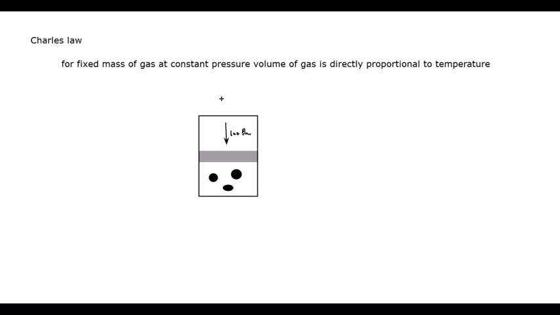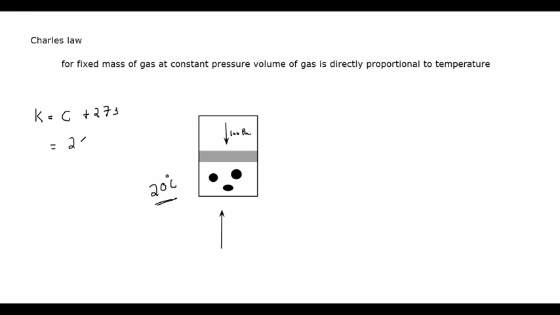Then what I'm doing, I start heating it. At the same time, it was originally, for example, at 20 degrees centigrade. But the SI unit of temperature is Kelvin. So you should always use temperature in Kelvin. How to convert degree centigrade into Kelvin? You will add 273, because temperature in Kelvin is equal to temperature in degree centigrade plus 273.